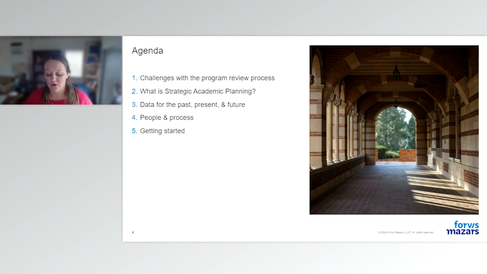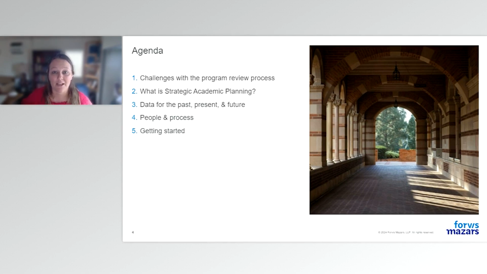And so a lot of our conversation today is going to focus on things like what sorts of data you need to use, where you can find these data, and really trying to make the case that all the data points that you use in a program review, or in creating what we want to call a strategic academic plan, should identify past contributions of your programs, present state, and future potential of all of your existing and potential new programs.